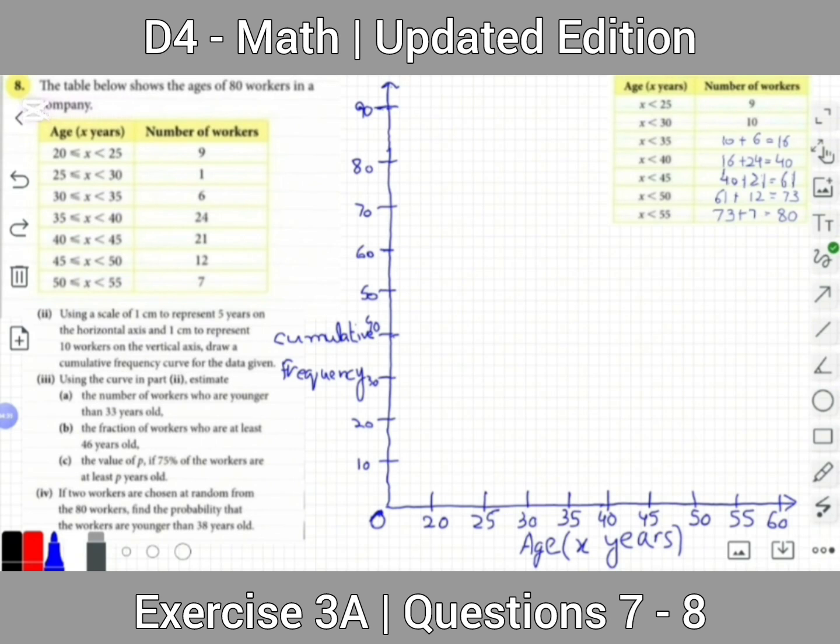For x less than 20, we have the frequency 0. So here we will put a cross. For x less than 25, we have the cumulative frequency of 9. So here we will put the cross below the 10.